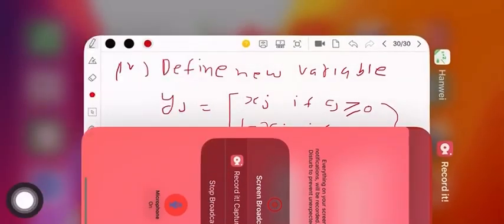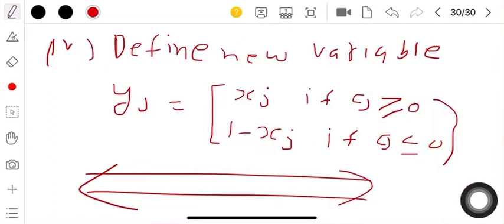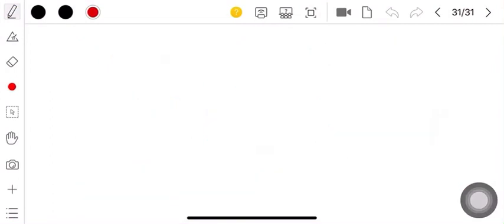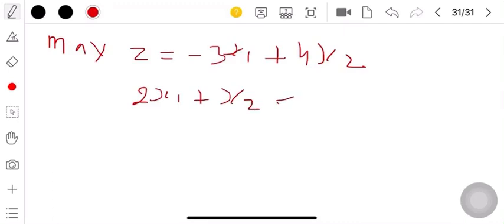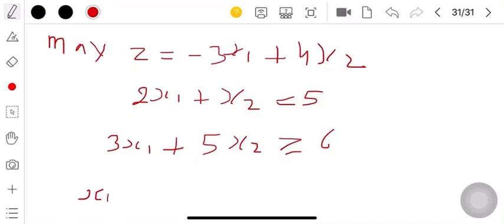Let me take one example of how to do it. Suppose this problem is given: maximize z equals -3x1 plus 4x2 subject to 2x1 plus x2 equals 5 and 3x1 plus 5x2 greater than or equal to 6, where x1, x2 belong to 0, 1.